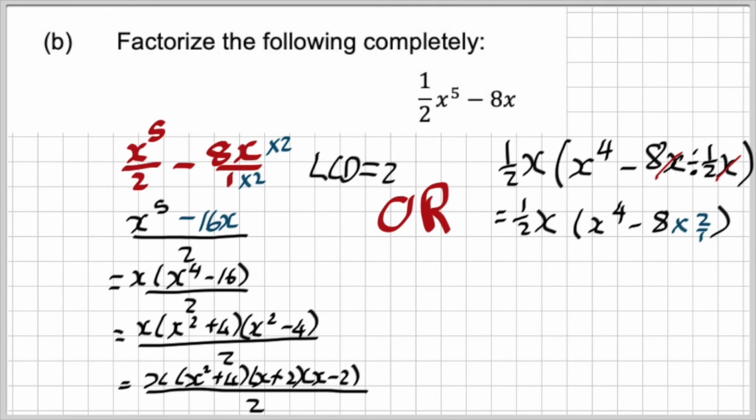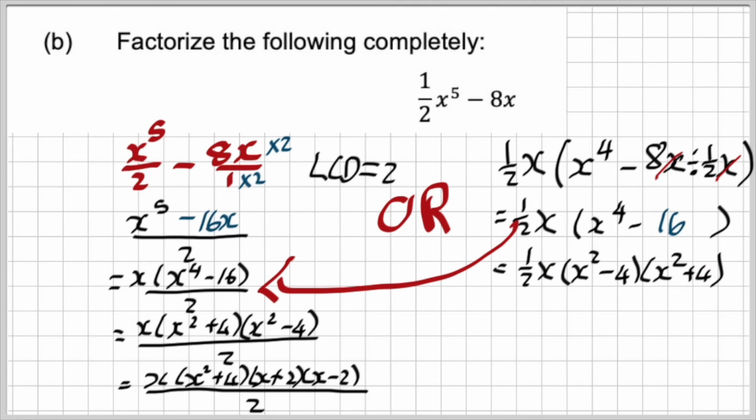So keep the 8 the same, flip the half becoming 2 over 1 and change the divide to times, and that gives me 16. But wait, sir, that's exactly where we sat. Exactly what we had in the third step of my left-hand side, which means I can factorize the difference of squares. And now my first bracket, I can factorize further, leaving me with the same answer.